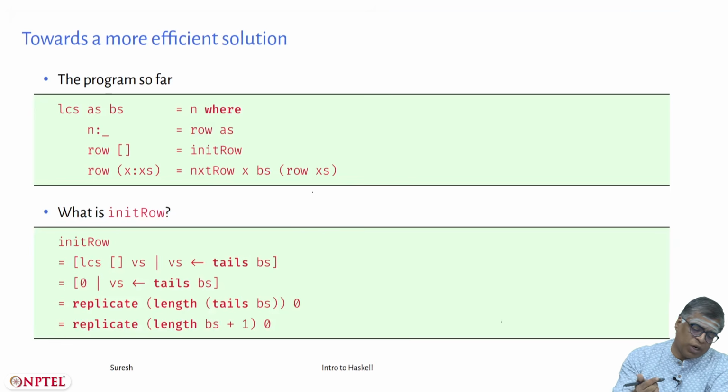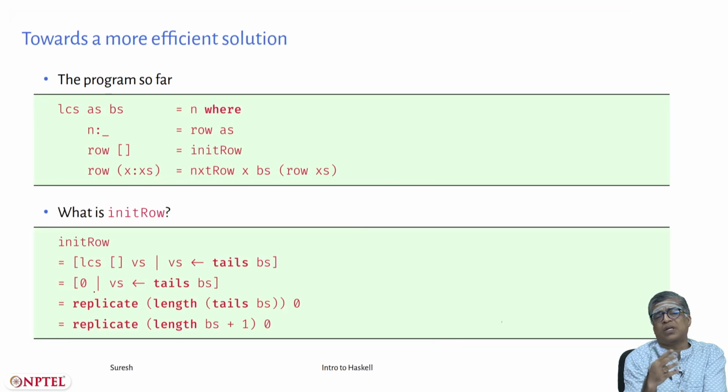What is initrow? Initrow is LCS of the empty list vs, because row of the empty list, where vs comes from tails of Bs, but LCS of the empty list and anything is 0. So it is 0 repeated how many times? As many elements as there are in tails of Bs, but the length of tails of Bs is length of Bs plus 1.